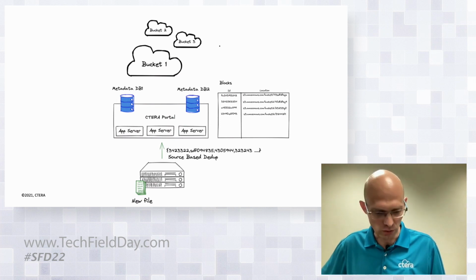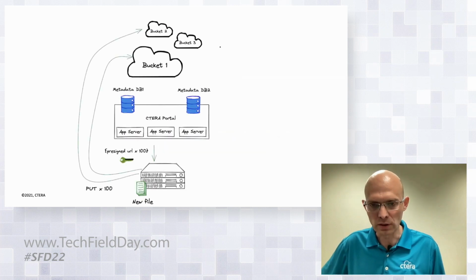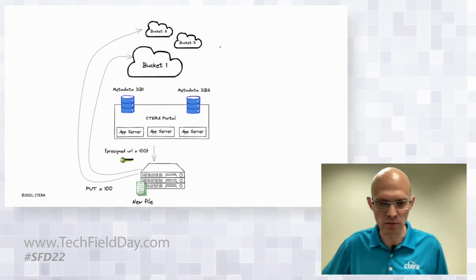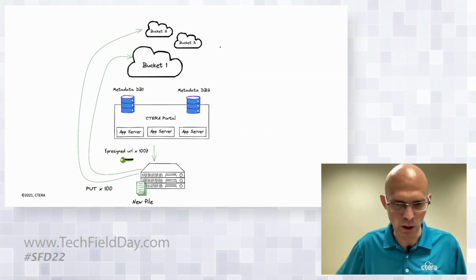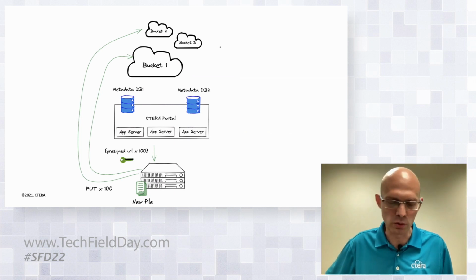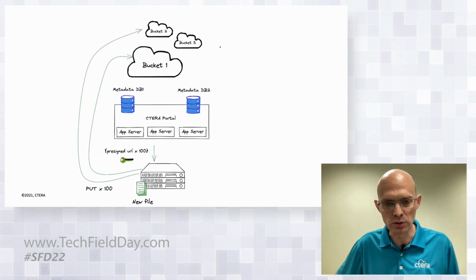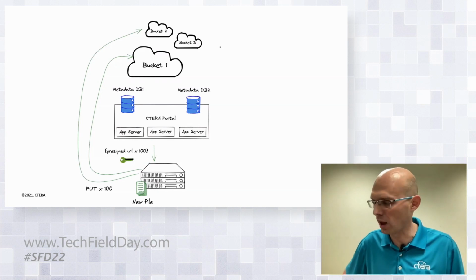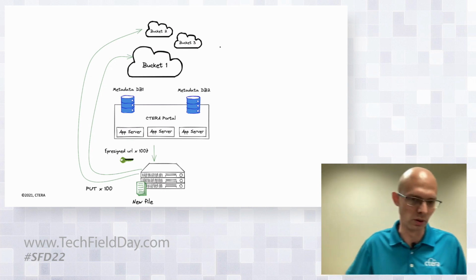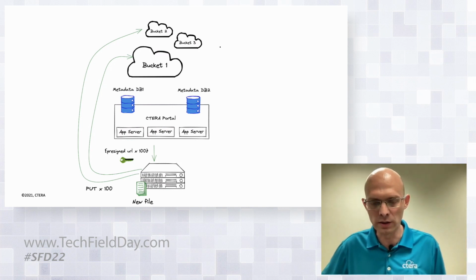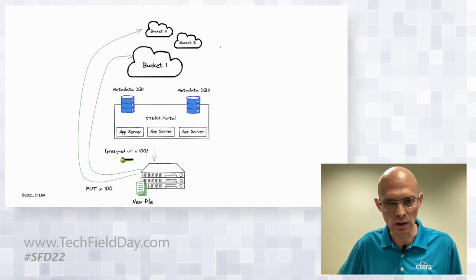Then the portal, after looking in its database, responds: I need these blocks, they are missing. But it doesn't just return the identification for these blocks, it actually produces signed URLs. It creates URLs which are signed with a key that only the portal knows. And these are the URLs that allow the devices to write into the buckets.